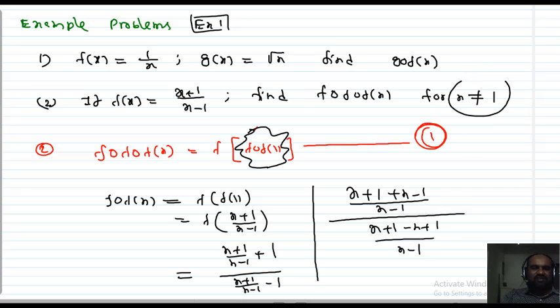Clearly given x is not equal to 1, I can cancel these two. So here 1 gets cancelled, 2x by 2, totally x. What I got, this is x. I will write in the next page. So f circle f of x means f circle f of x only.